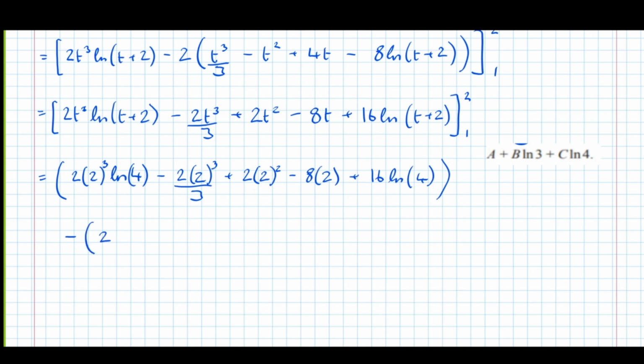I think we can be forgiven for not writing. No, actually, let's write it. Let's get the mark in case our final answer is wrong. ln of 3, take away 2 lots of 1 cubed over 3, plus 2 lots of 1 squared, minus 8 lots of 1, plus 16 log 3.